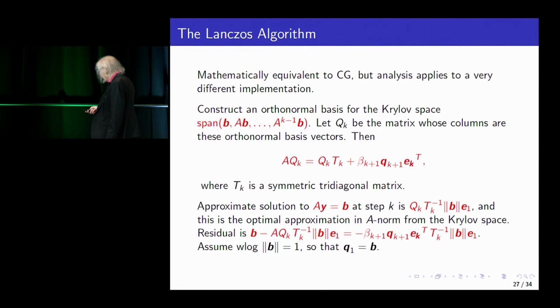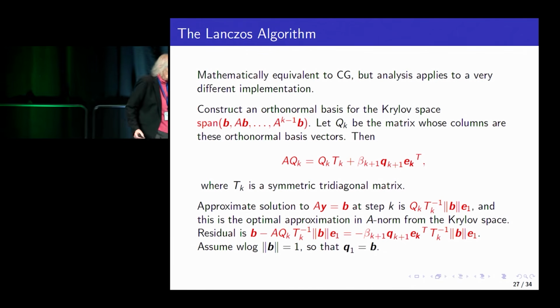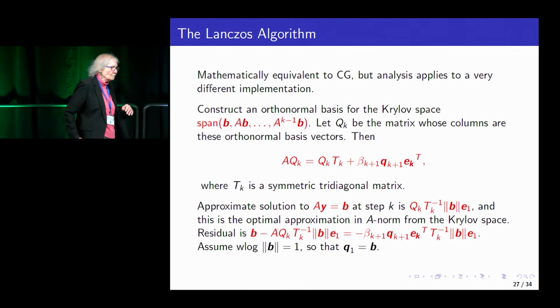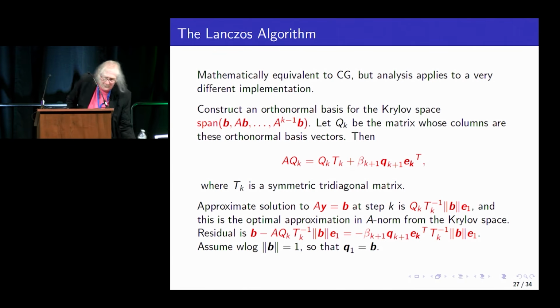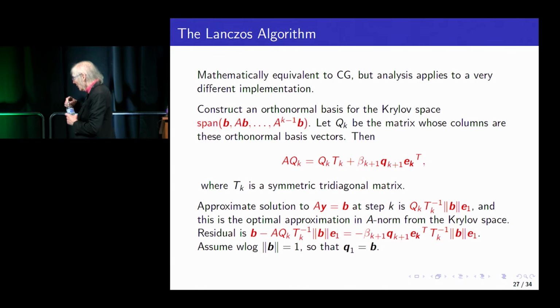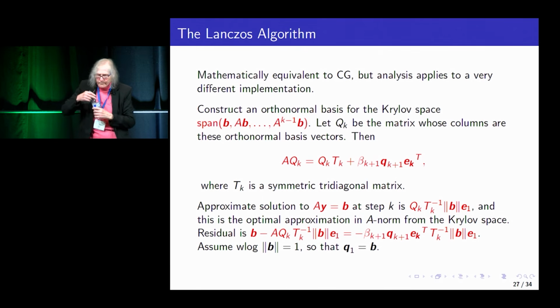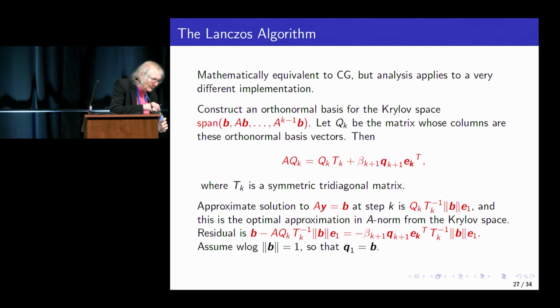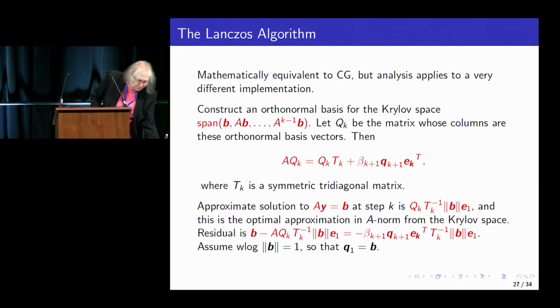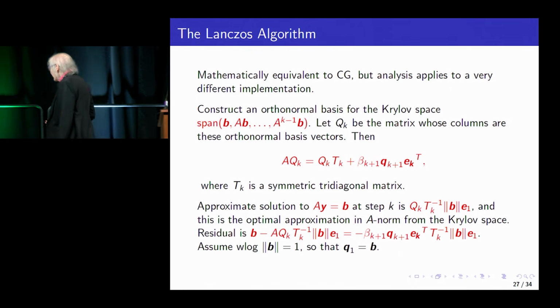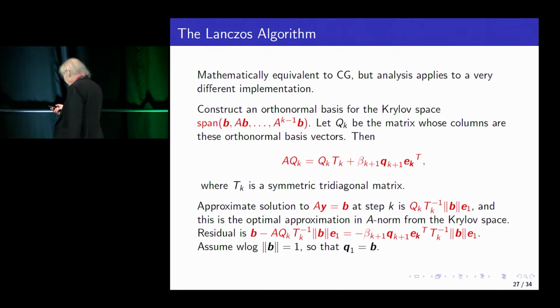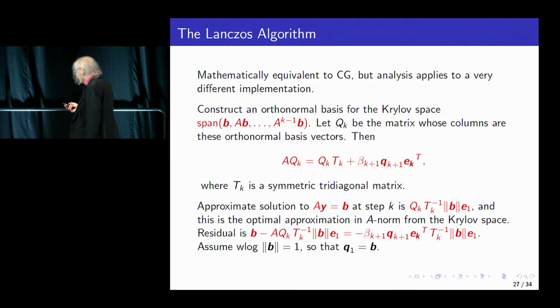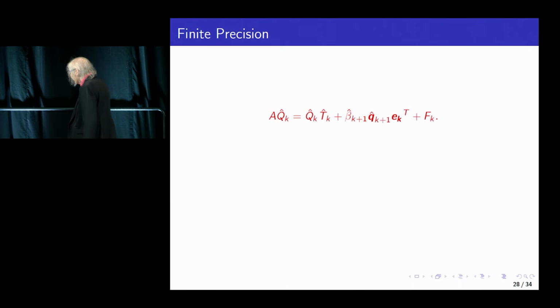The residual then, take B minus AQK times TK inverse norm B E1, and you're left with this term. I'll assume from now on that norm B is 1 so that I don't have to write that so often.